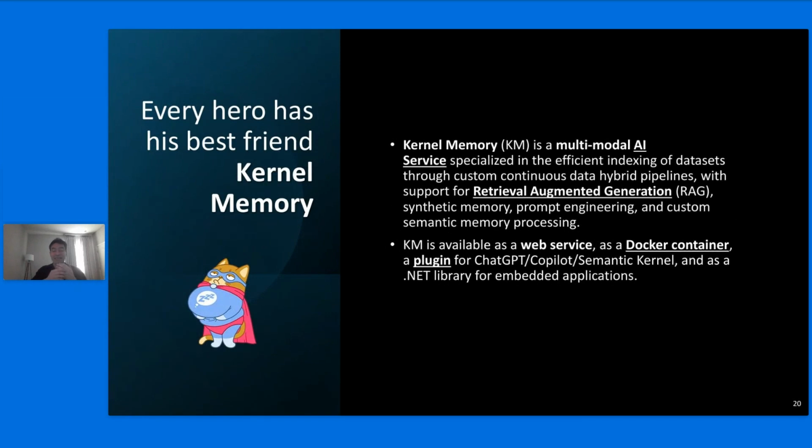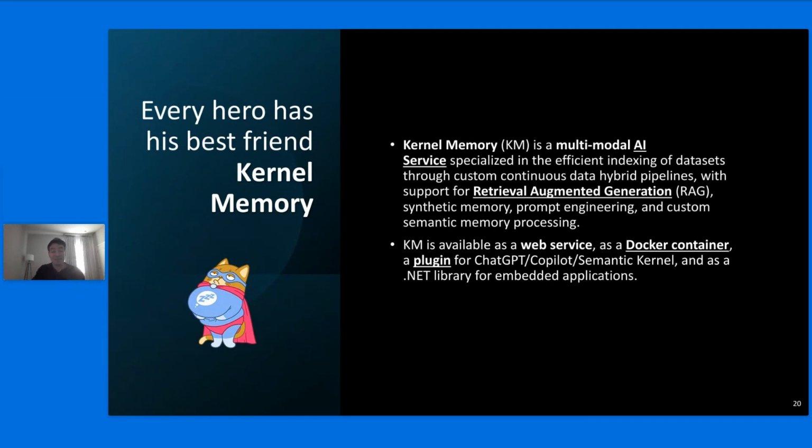Oh, okay. This is something that we added here in the presentation. Every hero has best friends. Batman has Robin, and there are others. I don't want to take this one, but Semantic Kernel has the best friend that is Kernel Memory, because we were talking about having this memory, this continued conversation, having a lot of things.